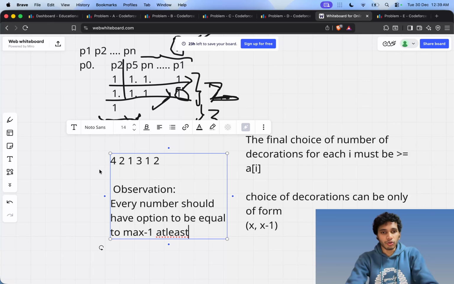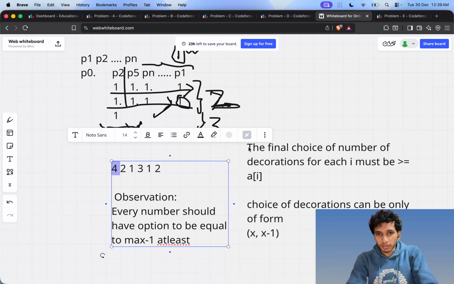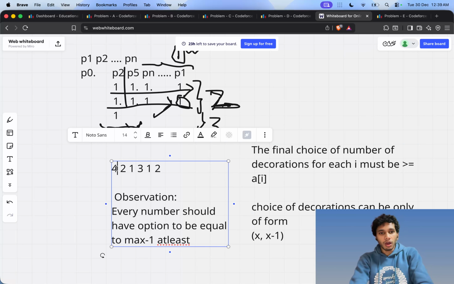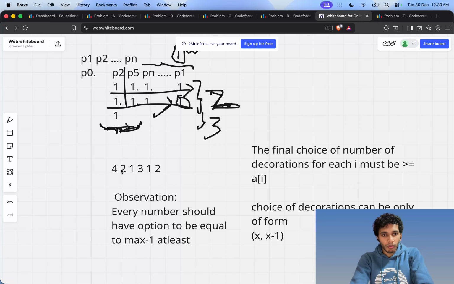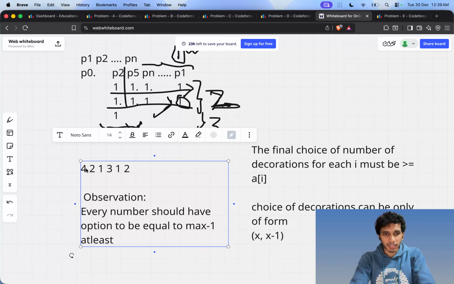Okay, so this is max, that is 4. The person with 4 decorations can have only 4 or greater than or equal to 4 decorations chosen at the end, because that is the very first conclusion. Due to the second conclusion, we come to a final observation that all numbers apart from 4 should have value at least 3.